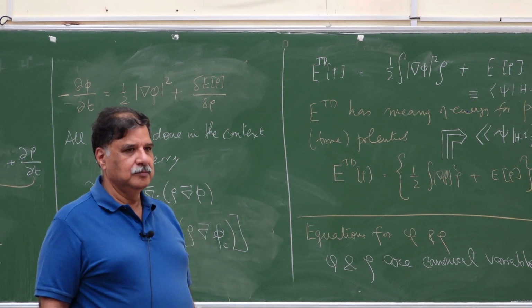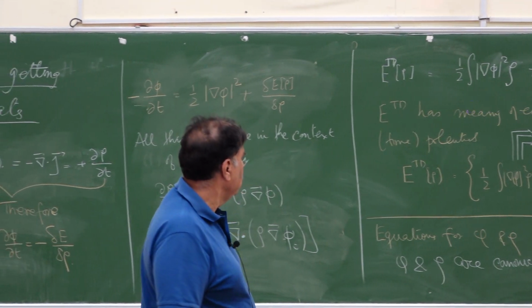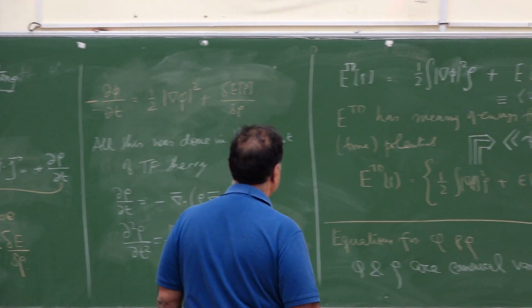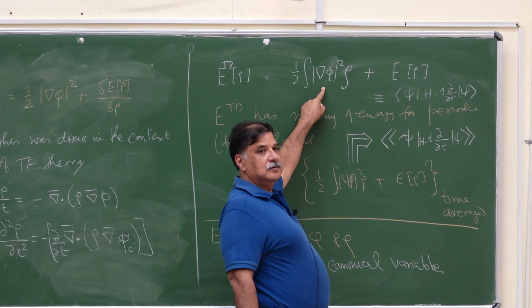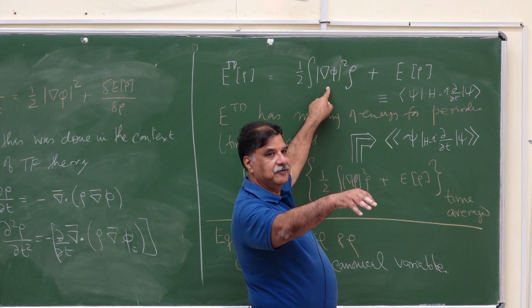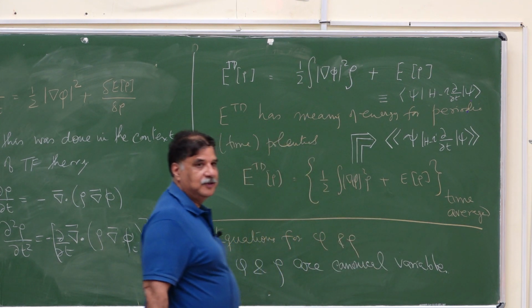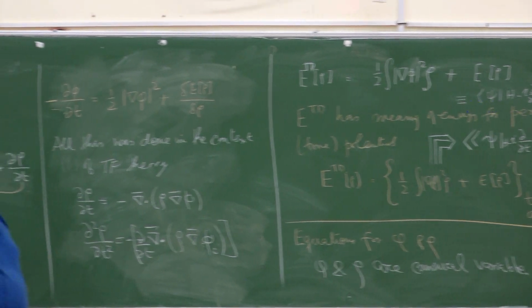Where is the del del t coming from? There is no role of this term in stationary state theory. This came only when there is a time dependence. Velocity came only when there is a time dependence. Alright? So it came from there.